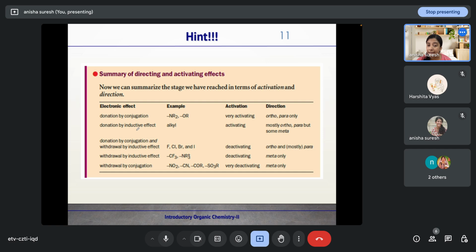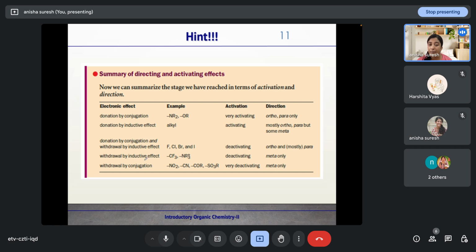Now coming to inductive effect, donation by inductive effect like alkyl groups, they are activating in nature. They are mostly ortho and para, but in some cases meta is also seen. Now donation by conjugation and withdrawal by inductive effect. Some examples are fluorine, chlorine, bromine and iodine. They are deactivating in nature. So here the direction is ortho and mostly para. So the major product will be para compared to ortho.